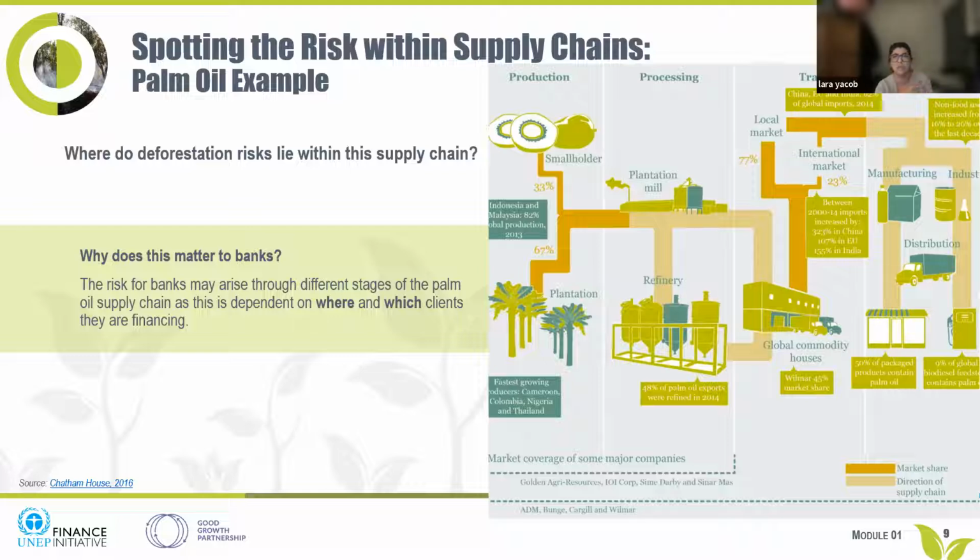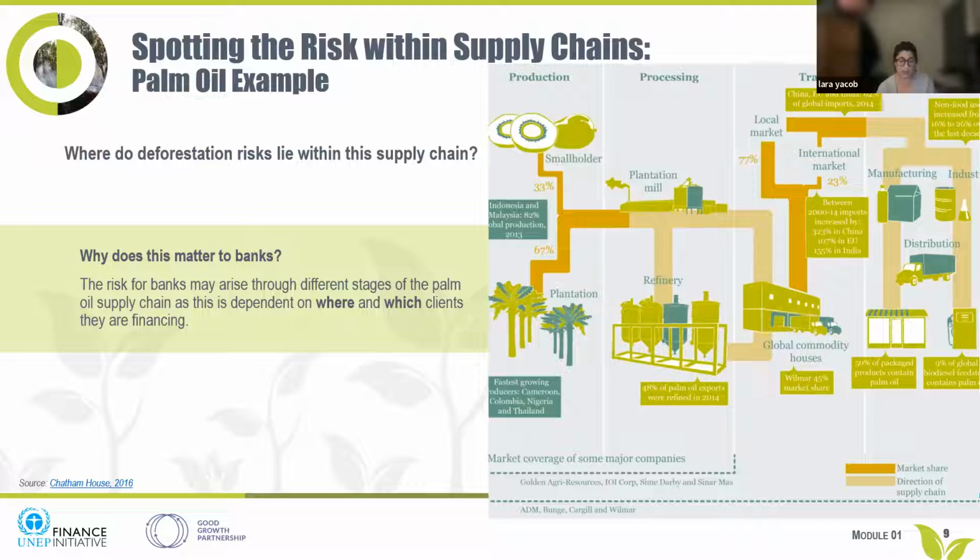What we can derive from this diagram is the sheer complexity of the business relationships that a bank needs to keep track of when financing clients.